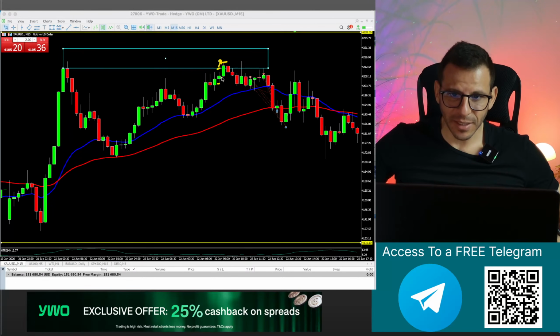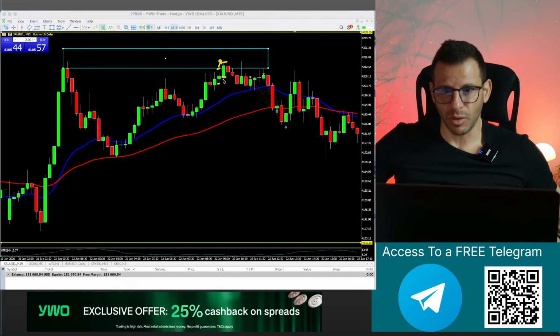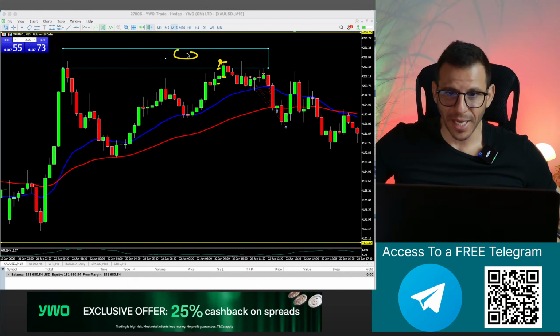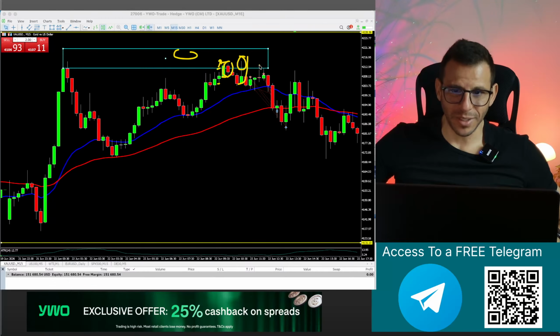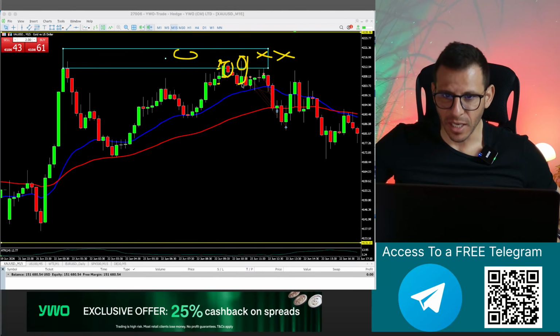Then this bullish candle tried to go through the supply, and then the sellers started bringing the price down. Another attempt from the buyers, and they left that wick here, so the market was clearly rejecting this supply, and the sellers at any point will have started looking for positions here.